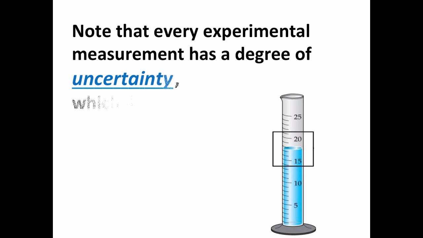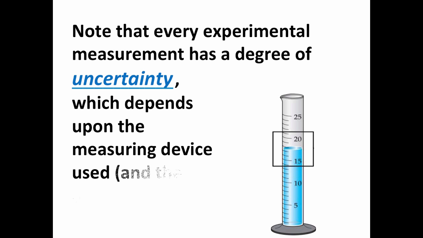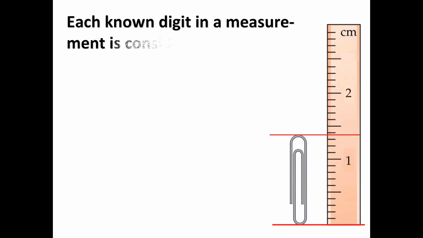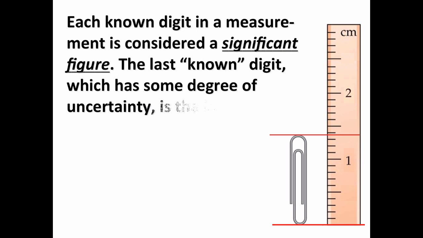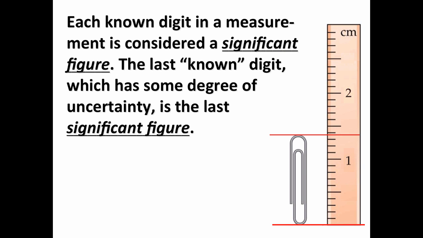A little bit of a summary. Note that whenever you do an experimental measurement, there's going to be some degree of uncertainty. And that's going to depend upon what measuring device you use and how good you are at using it. So whenever you make a measurement, each known digit in the measurement is what's called a significant figure. The last quote-unquote known digit is going to have a little bit of uncertainty, and that's your last significant figure.